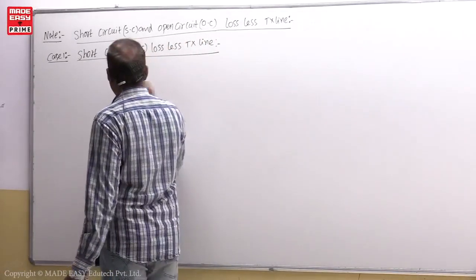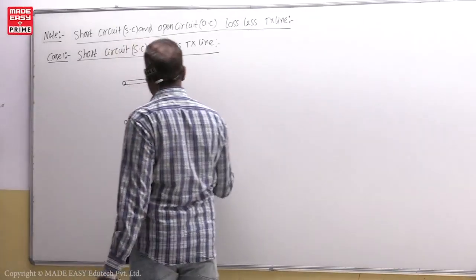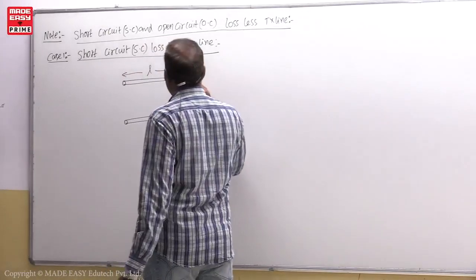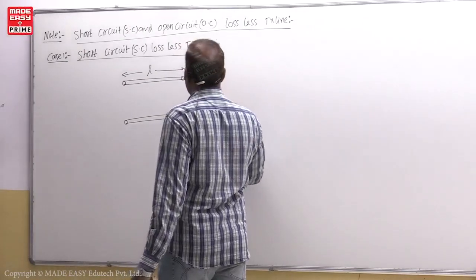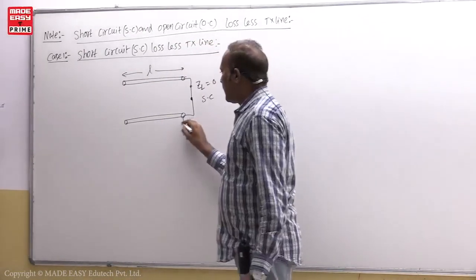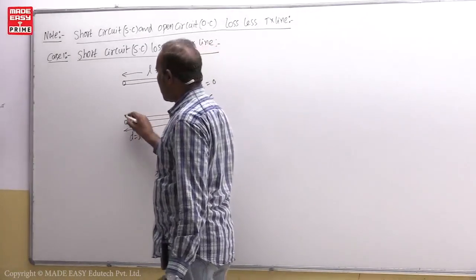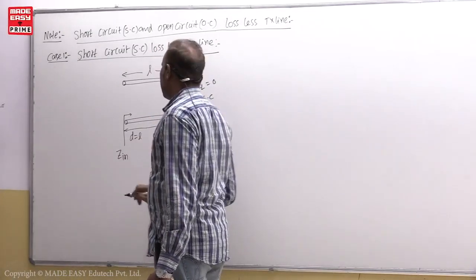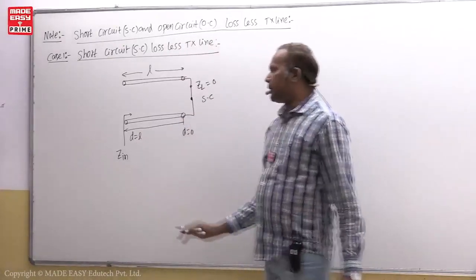So here one transmission line is there like this, and total length is L, let us say. Then it is short circuit here, so that ZL is 0. d is 0 means at load. Then substitute d equal to total length, we come to the input. So this is called Zin, input impedance when load is short circuit.